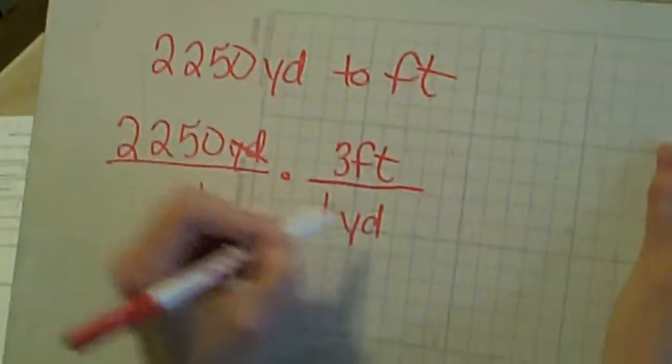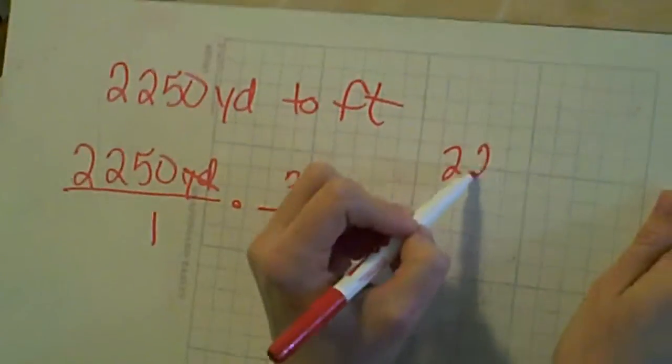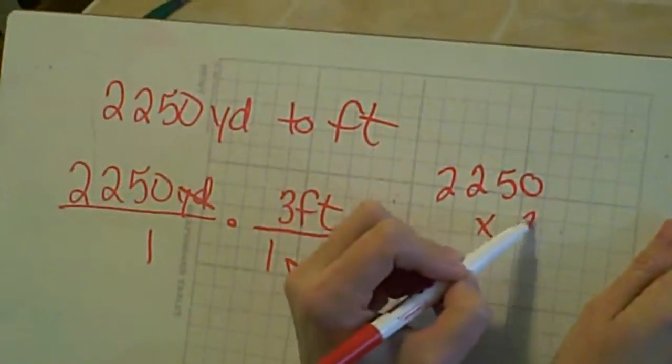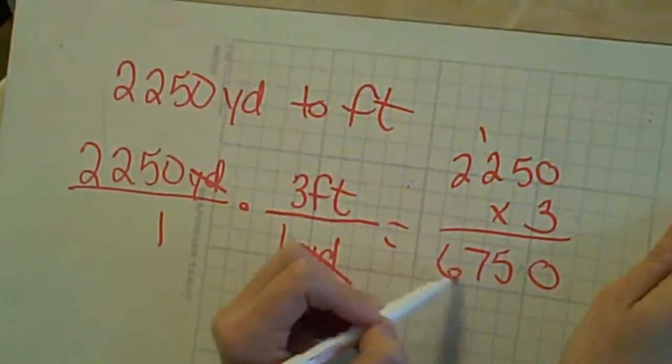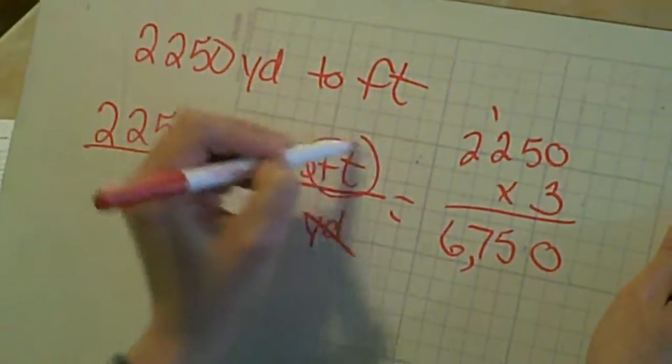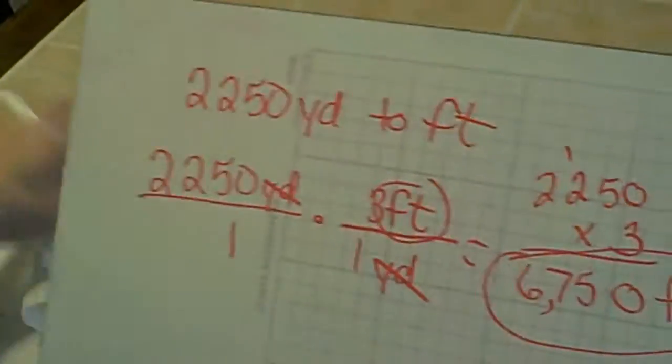We can cross off that yard and see that we just multiply. So 2250 times 3 gives us 6,750 feet. So that's your answer on that one.